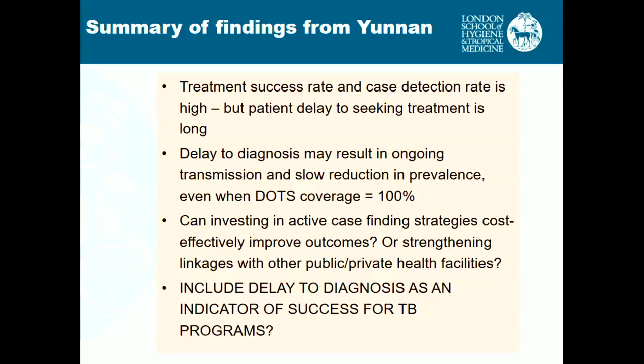So that's one reason, but also because patients can only get free services at about 186 centers across the province, even if they're going either to a private center or a government center that's not affiliated with the DOTS program, they don't enter the system, and that causes a delay as well. And sorry, your second question was?